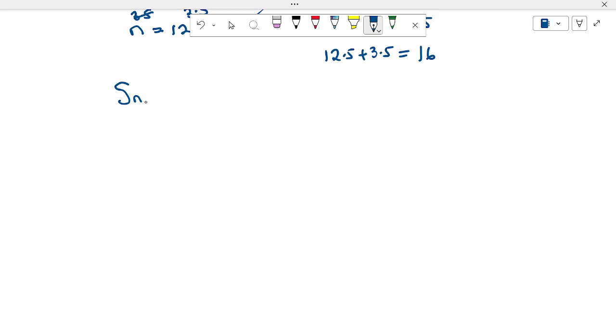So we know Sn, the summation of arithmetic progression, Sn is n all over 2 into a big bracket 2a plus, into a small bracket, n minus 1, d, close your big bracket.